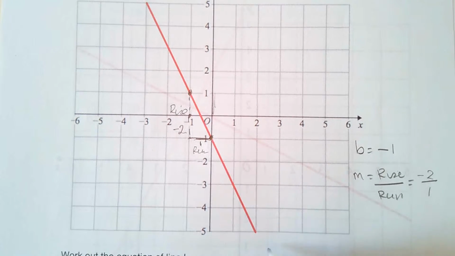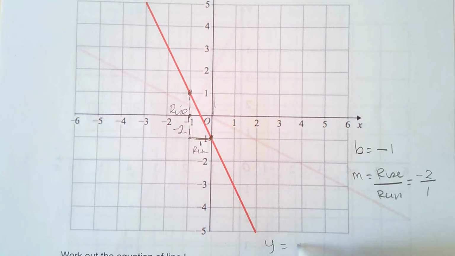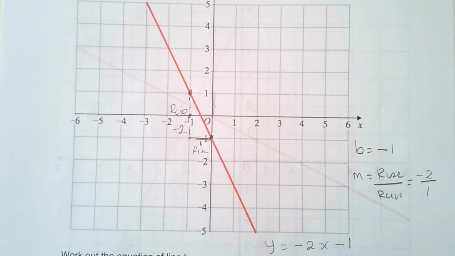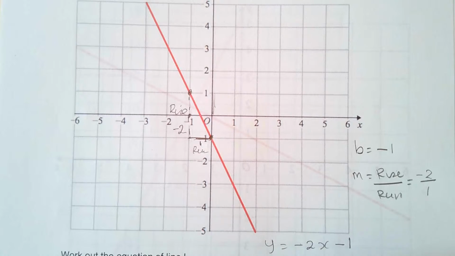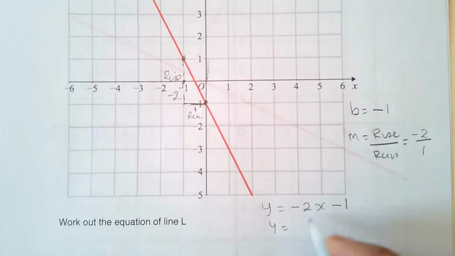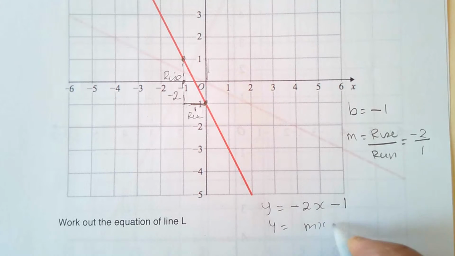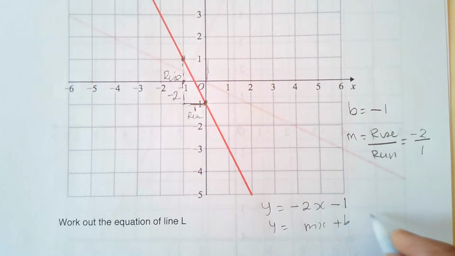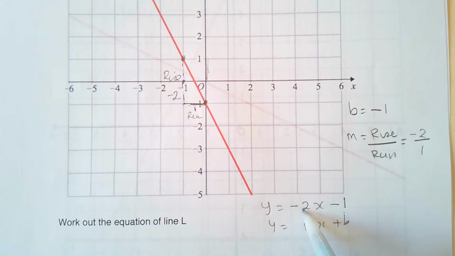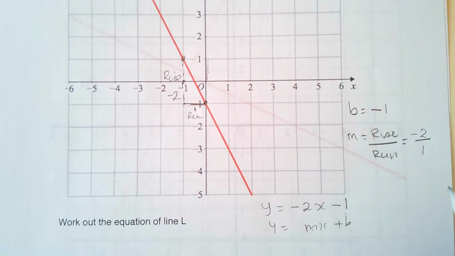So this equation has a negative slope: y is equal to -2x minus 1. In y equals mx plus b, your b here is -1 and your m is -2, which indicates your negative slope.